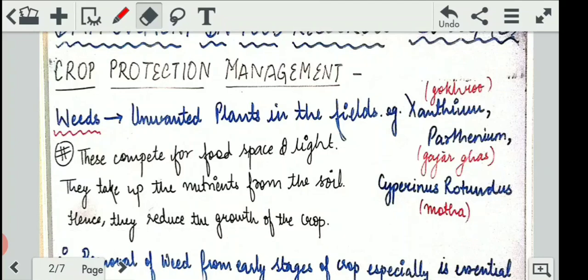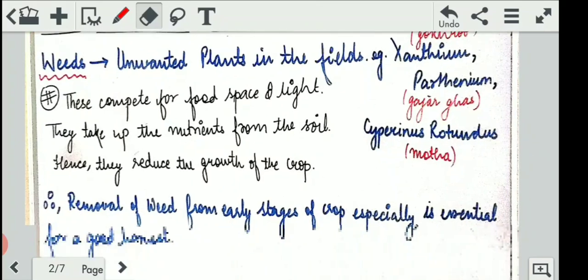Those nutrients which were meant to be used by plants were used by weeds instead. This is how it increases the competition and reduces the growth of our actual crop, because the major nutrients are picked up by weeds, due to which our plants do not get the nutrients they need.